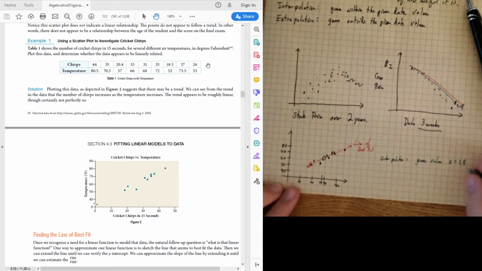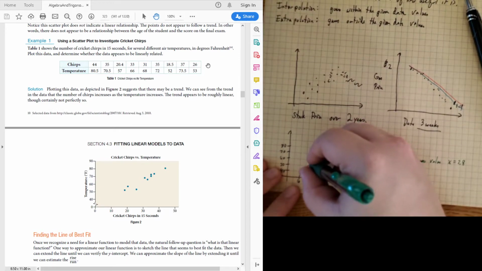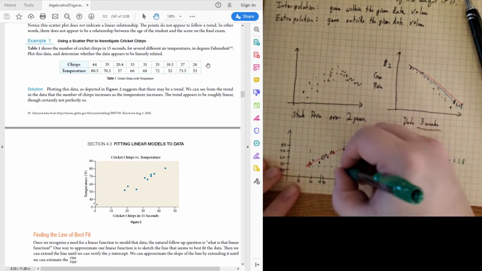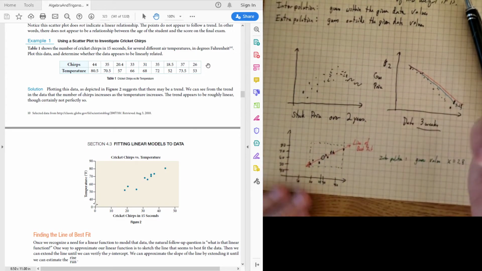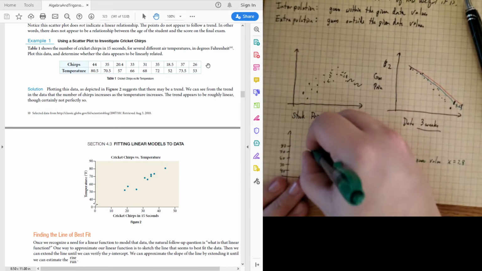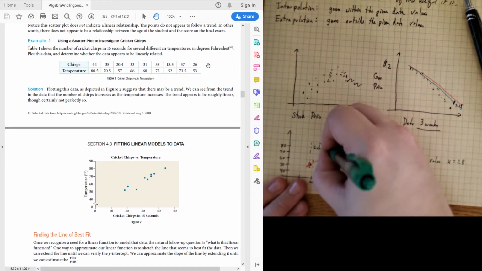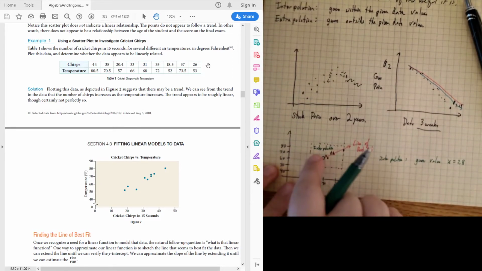Now, interpolation is always in between your set of data. So in terms of the picture, anything in this box would be considered interpolation. Anything inside is interpolation, because we're guessing within the boundaries of the data.